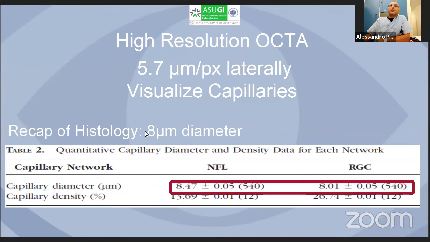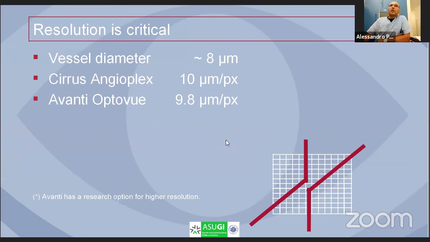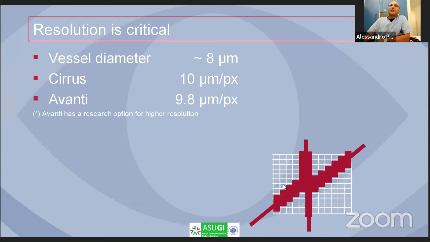At this point, I want to focus your attention on something. There is a resolution that is critical. We need at least 8 micron of lateral resolution when we do angio-OCT, because otherwise the risk is that we appreciate two different vessels as one.